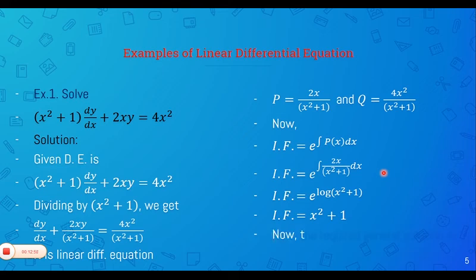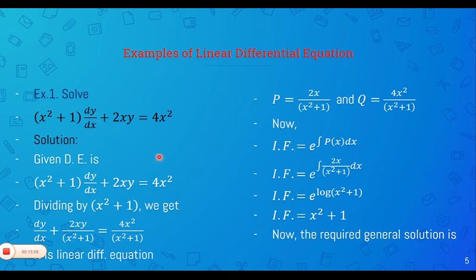Now using this integrating factor, we move to find the general solution of the given differential equation. So ask the question: to this equation, whose derivative has been taken here, the answer is the derivative of y with respect to x has been taken.